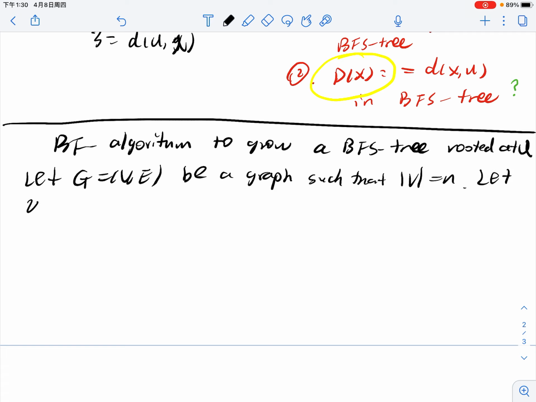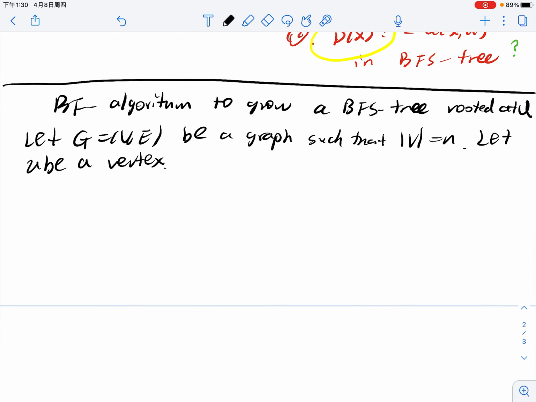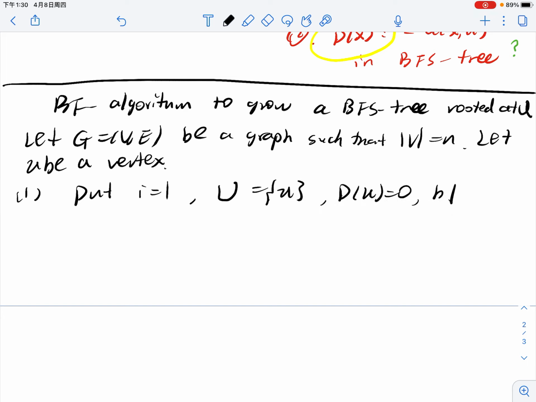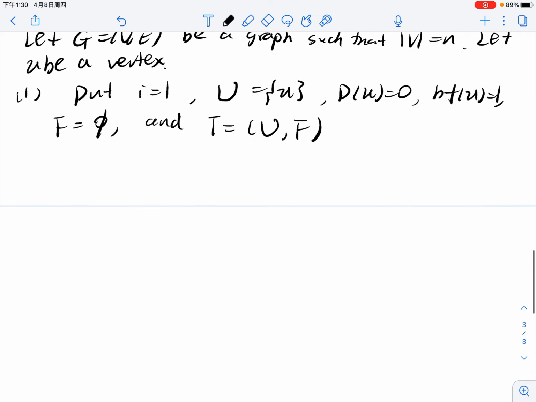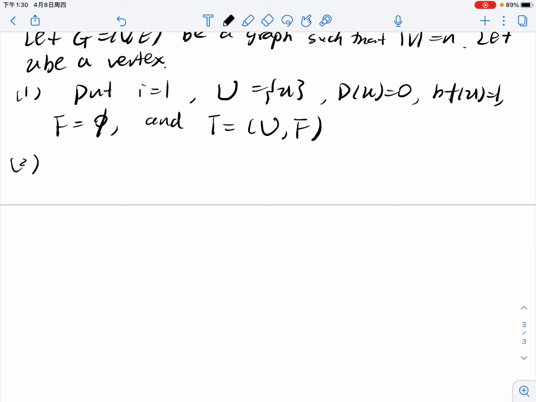Let u be a vertex. So we fix u. First step, put i equals 1. This is a counter. And U is the vertex set, d(u) is 0, BF(u) is 1, F is empty, and T is (U, F). This is the setup, the initial data.